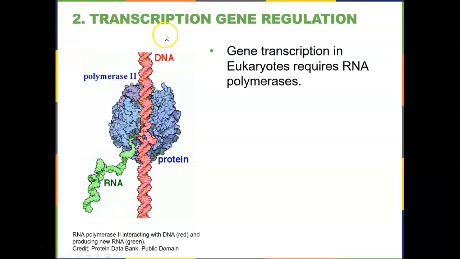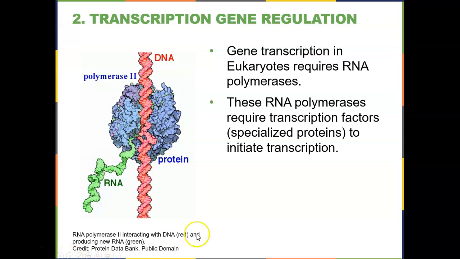So we also have transcription gene regulation. So that was kind of before transcription starts, just getting access to the DNA. How can we affect the actual transcription? So remember that in eukaryotes, we need to have some RNA polymerases, which are going to make transcription factors in order to initiate the transcription process.